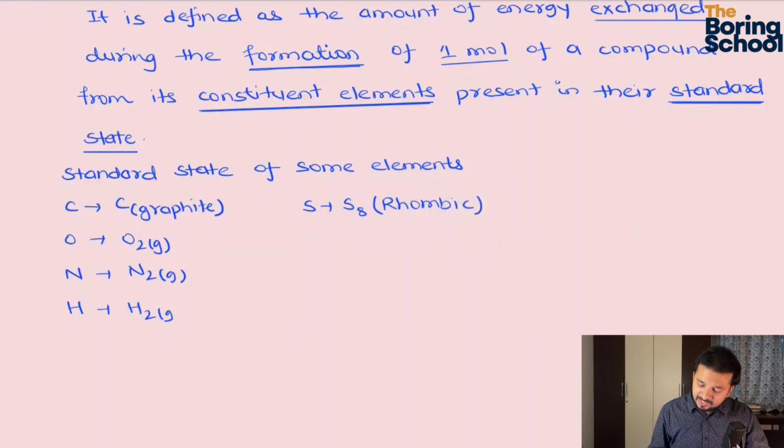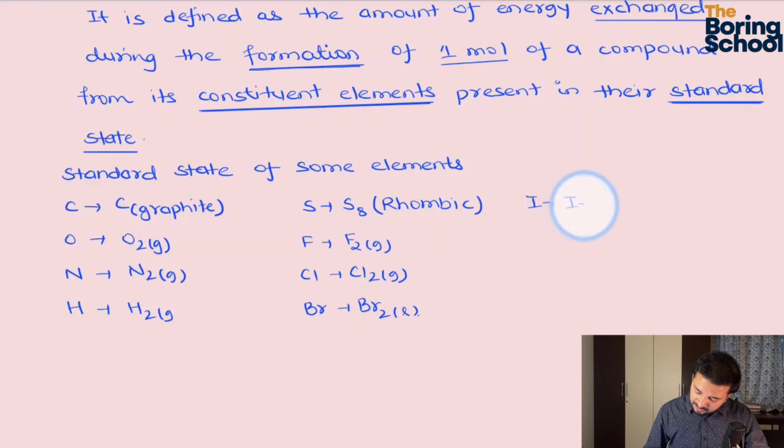Sulfur can have a rhombic form and a monoclinic form. There are multiple allotropes of sulfur, so the rhombic form is standard. Fluorine is F2 gas. Chlorine is Cl2 gas. Bromine is Br2 liquid. Iodine is I2 solid.